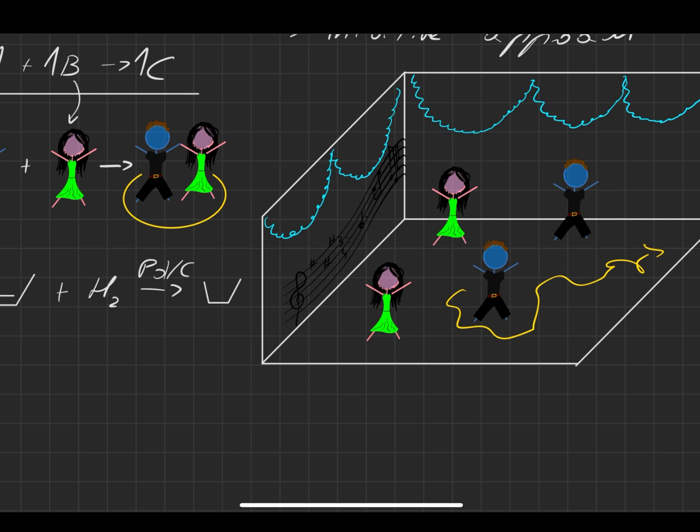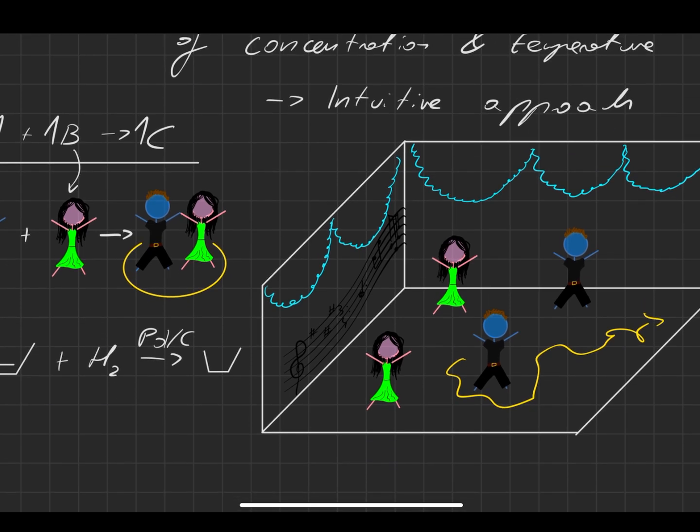We know that the temperature is the average kinetic energy of the molecules, and we of course know that kinetic energy will be well proportional to the velocity, or in general the speed of the particles. So let's kind of try to imagine the temperature as the music and how quickly the music plays.